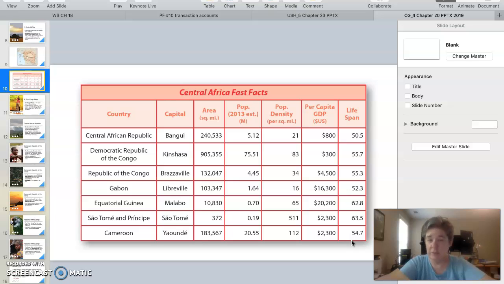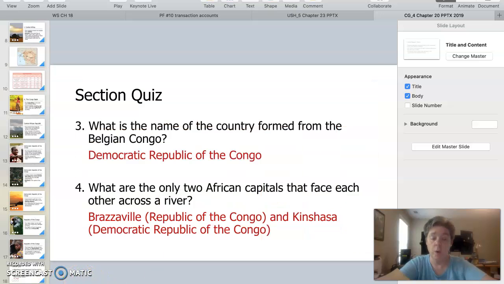AIDS has a lot to do with that, and we've talked about how that has affected the nation and the continent as a whole. But there are many other factors, of course, malaria and other diseases like we talked about the other day. So just a very, very poor area of the country.